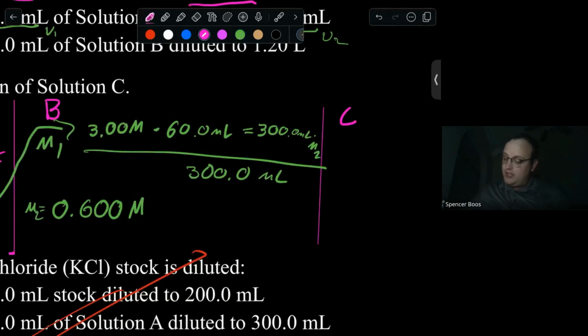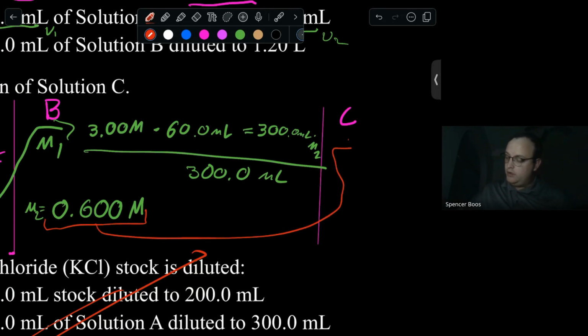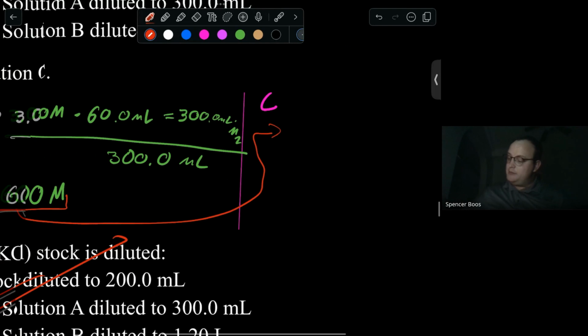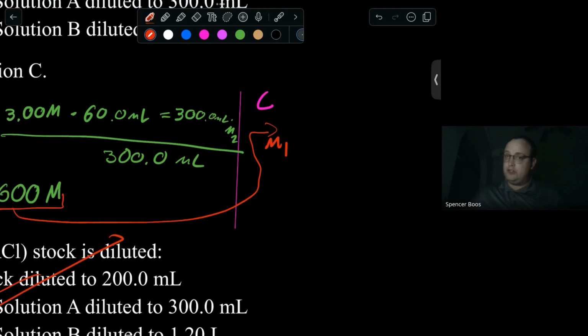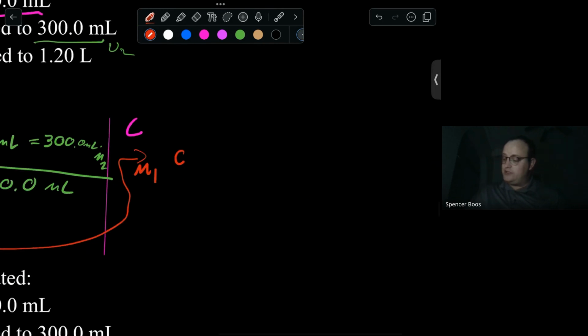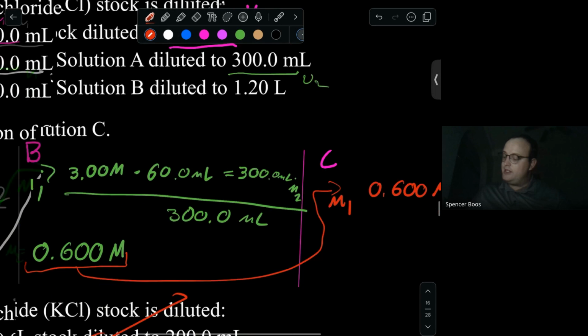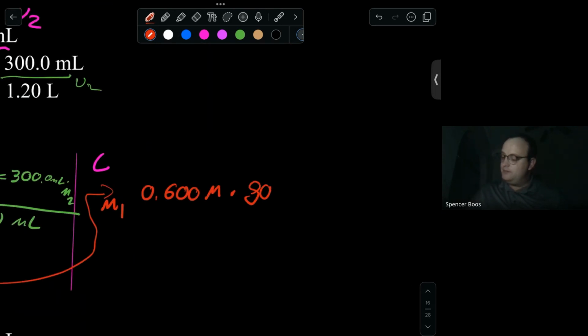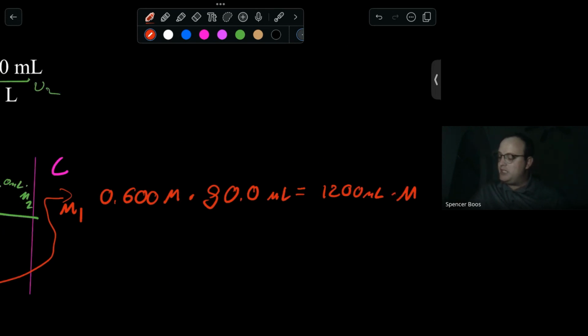And again, we follow the same trend. This becomes M1 for C. So we have 0.600 molar times 80.0 milliliters is equal to 1200 milliliters times M2.